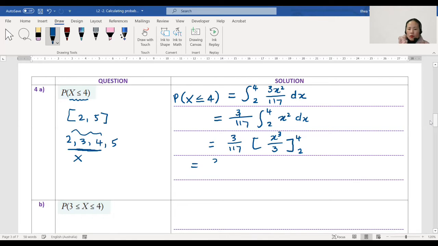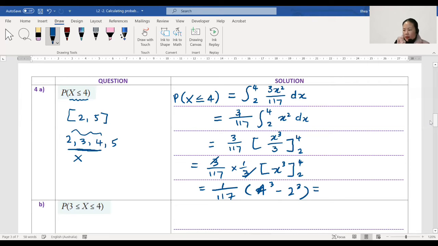When I put 1 over 3 out, because I just don't want to deal with the constant, the 3 cancels out. We got 1 over 117 times 4 to the power of 3 take away 2 to the power of 3. And when we do that, we will get 56 over 117. Okay, so that's what you got.